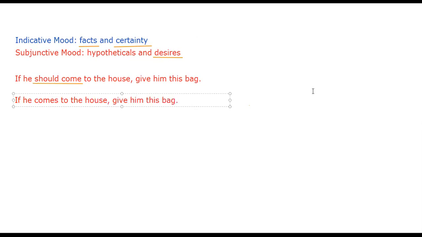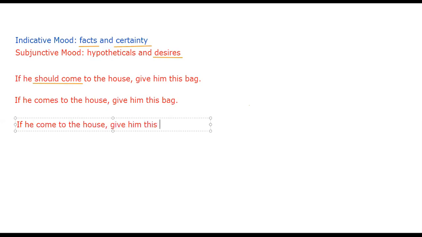Now, there's actually an interesting history behind this because traditionally, people in the past would say, if he come to the house, give him this bag. That's the original subjunctive form used here, but no one really talks like that anymore outside of fixed expressions such as if need be.